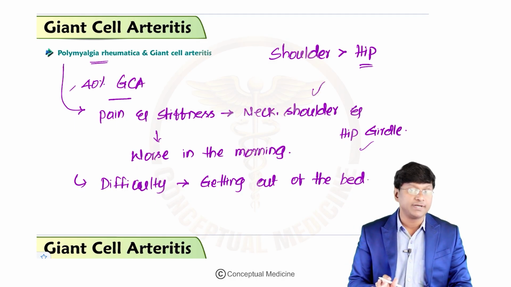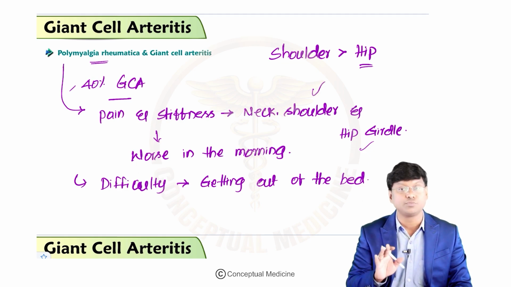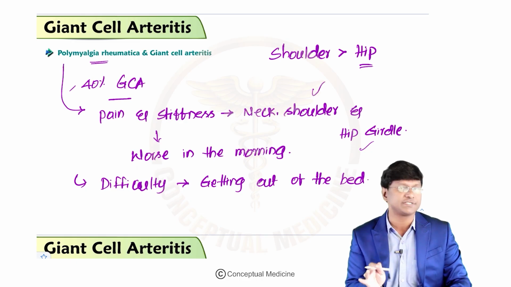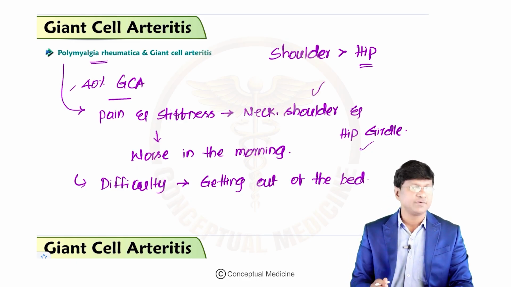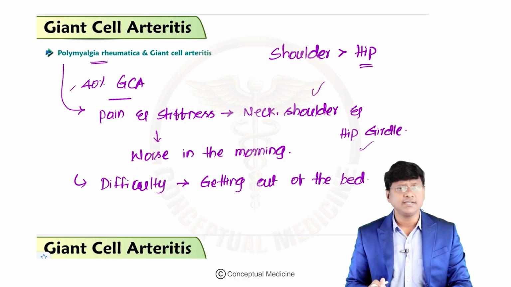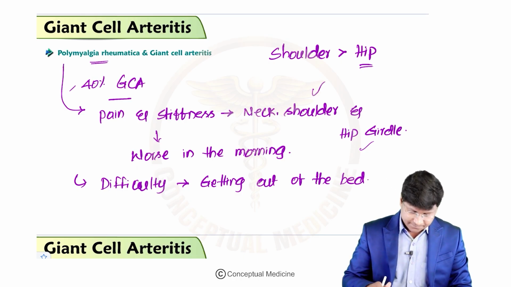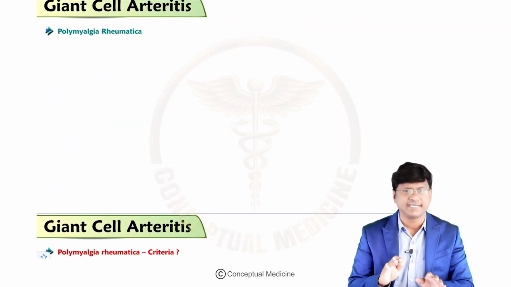The association of polymyalgia rheumatica in giant cell arteritis is nearly 40%. Nearly 40% of patients with giant cell arteritis present with these features of polymyalgia rheumatica. Then what is the basic difference between polymyalgia rheumatica and giant cell arteritis?